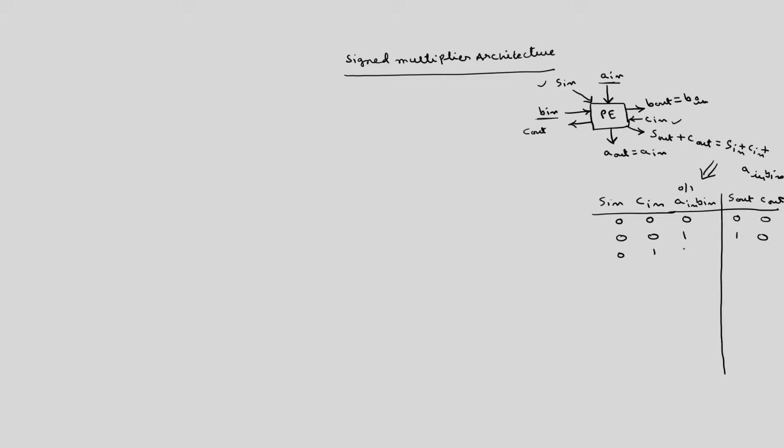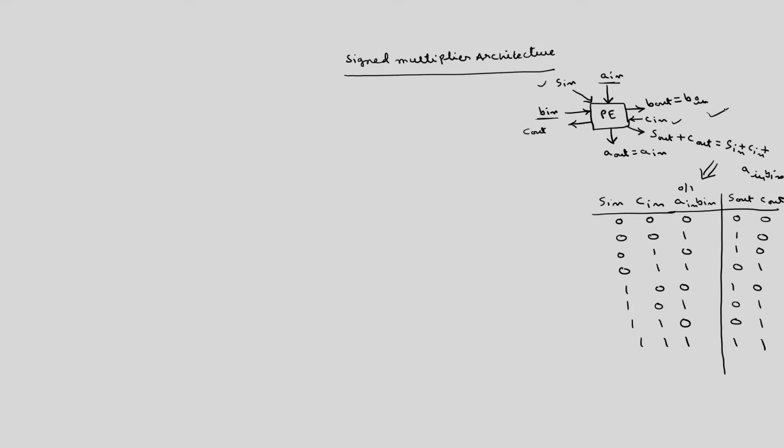So, 0 1 0 gives 1 0, 0 1 1 gives 0 1 because the carry will be generated, 1 0 0 gives 1 0, 1 0 1 gives 0 1, 1 1 0 also gives 0 1, and 1 1 1 gives 1 1. This is the meaning of this definition.